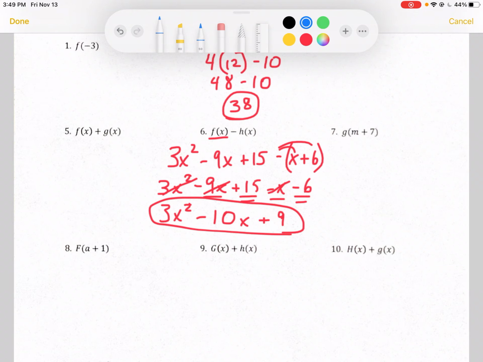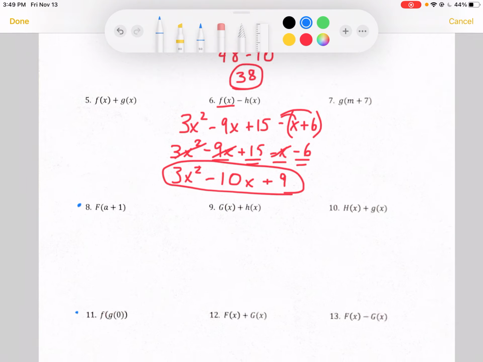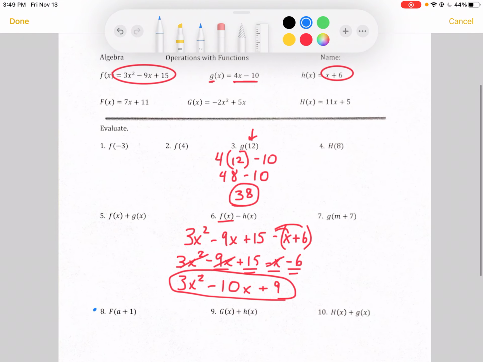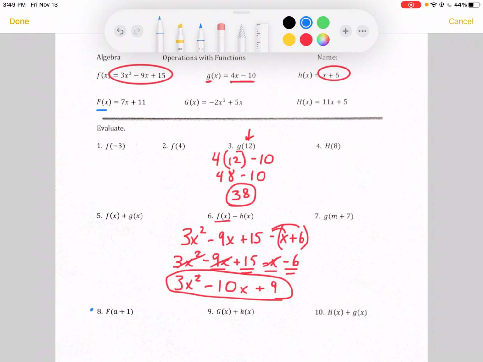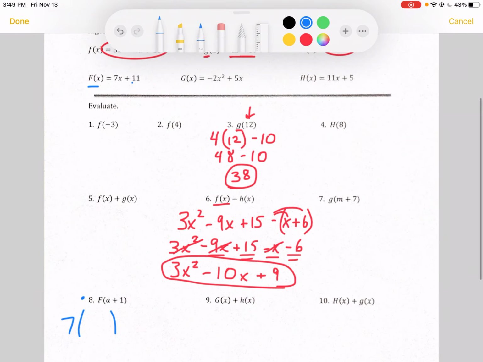Okay? So looking here at the next, 8, 9, 10, let's look at 8, and let's look at 11, and then I'll be done. Okay, so number 8, you're going to take the function capital F of x. So you have 7 times whatever x is plus 11.